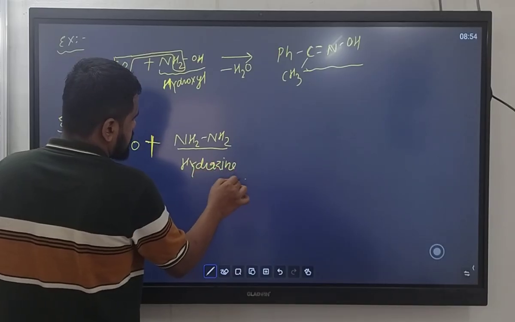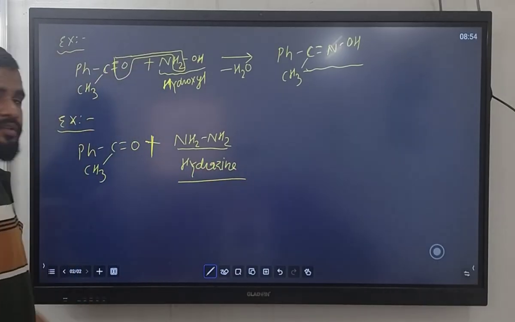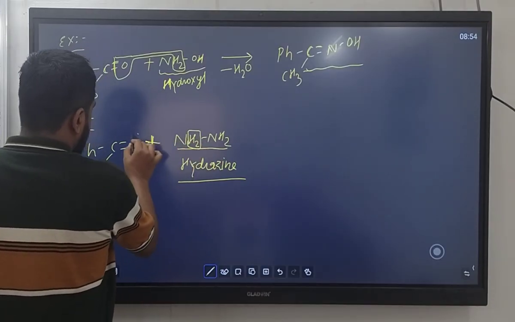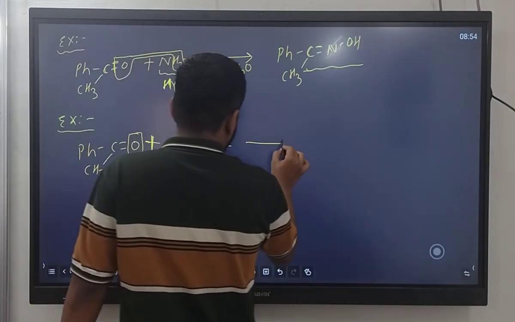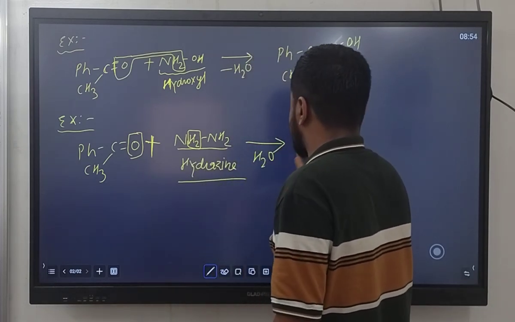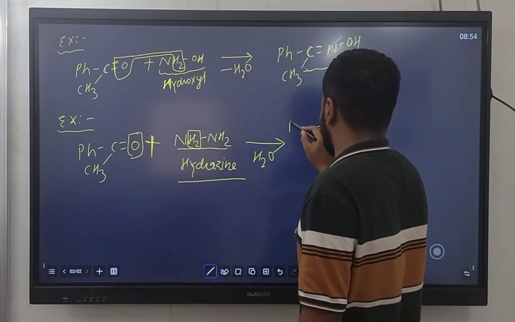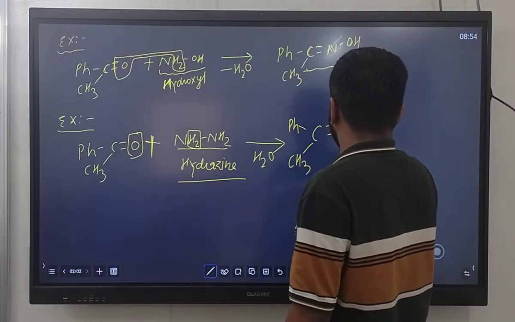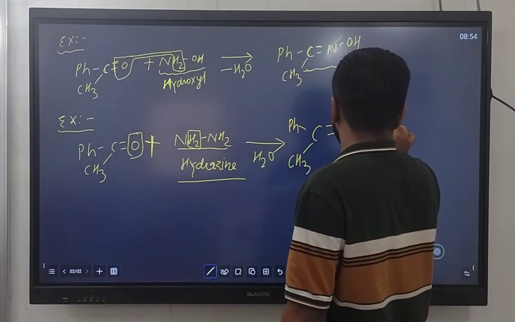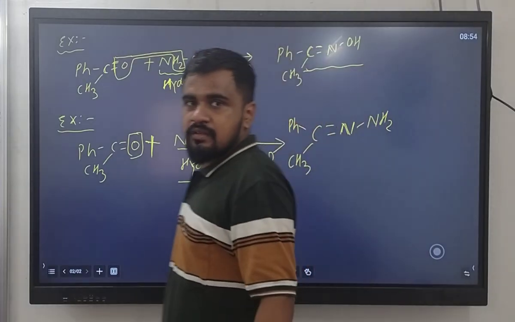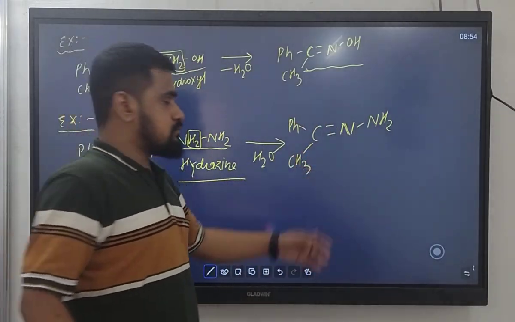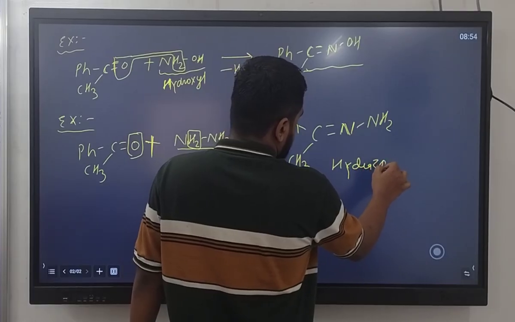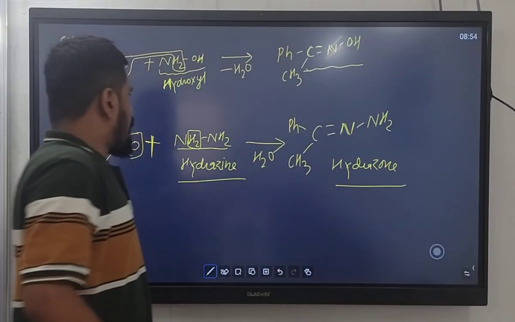Again here two H and here O, remove H2O and the final product will be PhC CH3 double bond N NH2. This is hydrazine, so we will get a hydrazone.